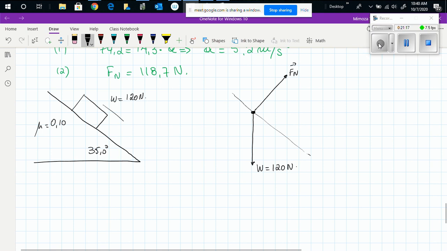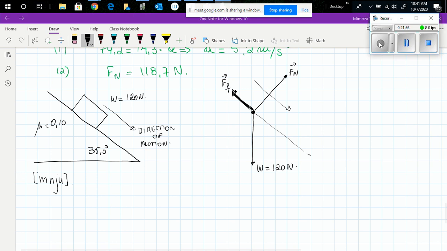The direction of the motion is going down the incline, which means that the force of friction is against the direction of the motion. If the direction of the motion is down the incline, the force of friction will be up the incline and will be going like this.